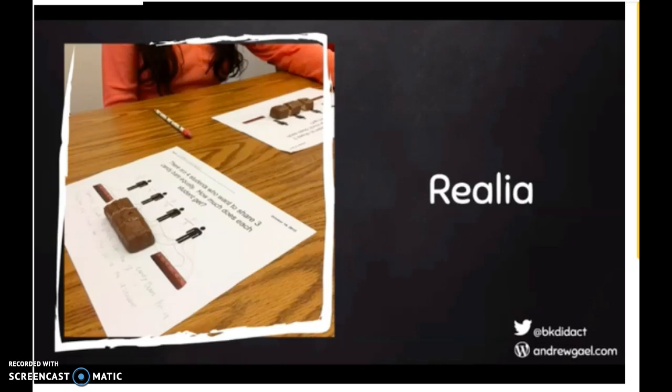So 3 candy bars are shared equally among 4 students. And so we gave them real candy bars, and you better believe that there was some motivation to solve this problem because they wanted to eat those candy bars at the end. But they had to work through the problem first to make sure that everybody got an equitable share.